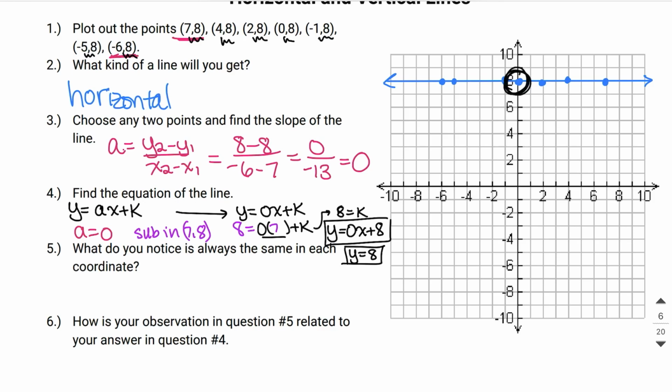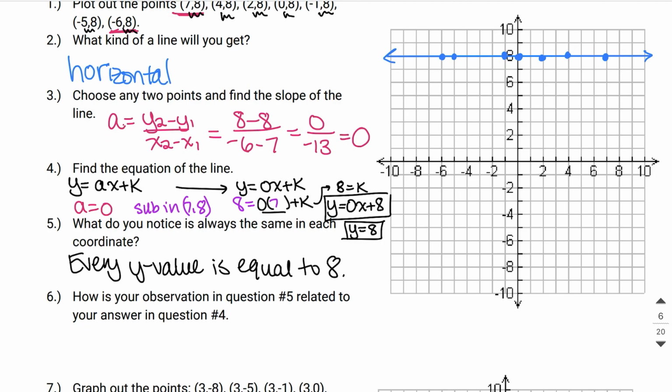Every single y value is going to be 8. So how's your observation in question number 5 related to your answer in number 4? If every y value is equal to 8, then our equation is y equals 8.